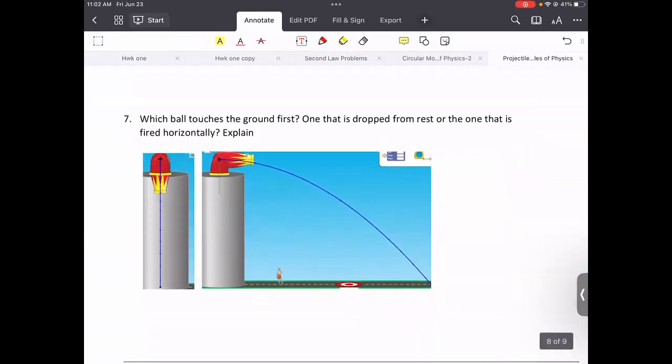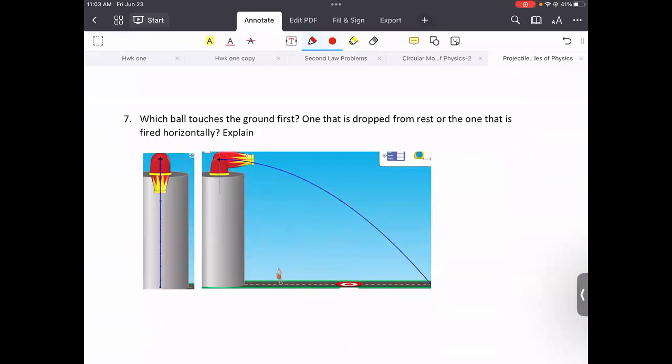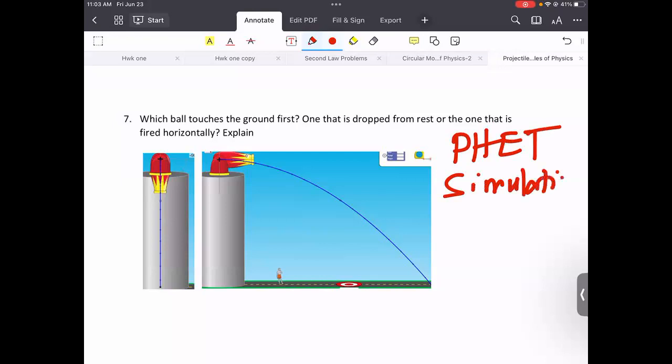Which ball touches the ground first: the one that is dropped from rest, or the one that is fired horizontally? By the way, I got these images from the PhET simulation. You can actually practice this using the PhET simulation.